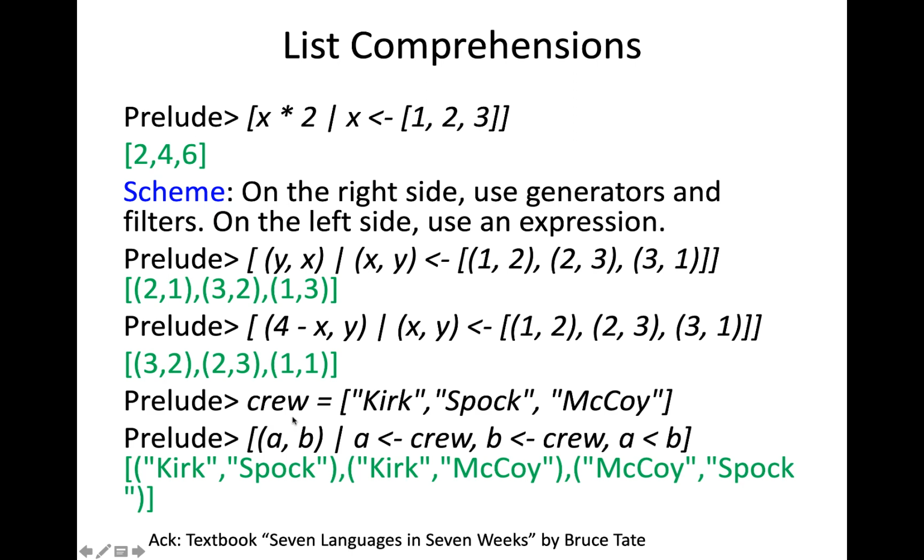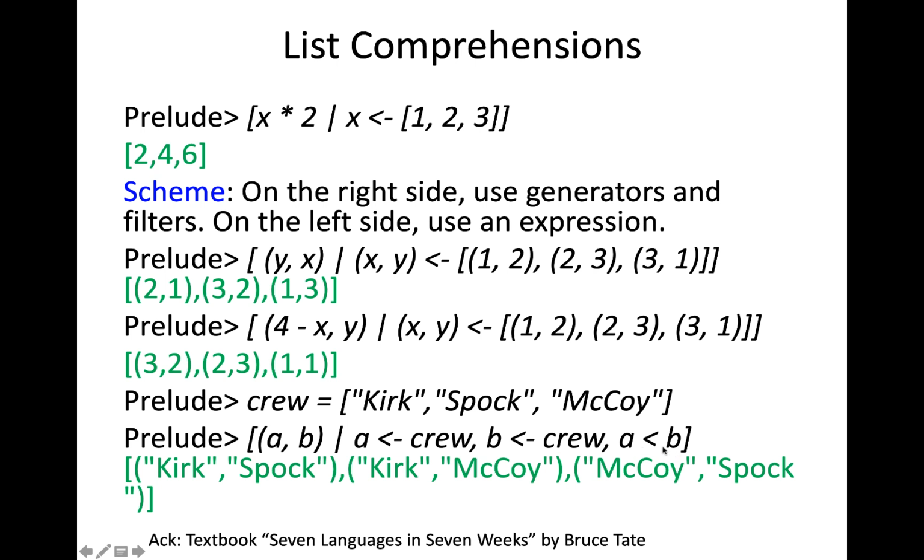And here crew is a list of words, and then A is getting generated from crew, B is also getting generated from crew, and you can also have a condition in this right hand side.